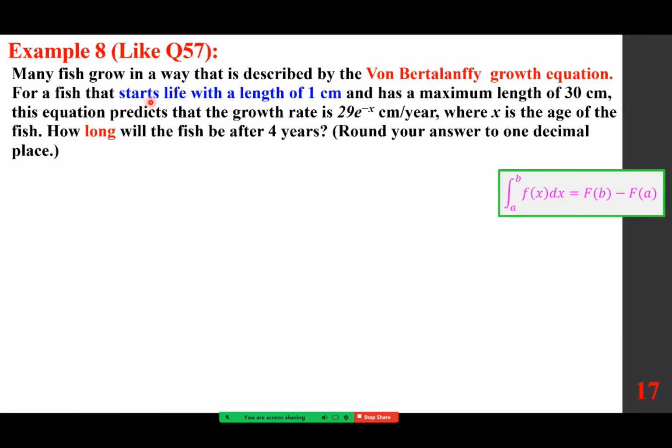For a fish that starts life with a length of 1 centimeter and has a maximum length of 30 centimeters, this equation predicts that the growth rate is 29 e to the power minus x centimeters per year, where x is the age of the fish. How long will the fish be after 4 years? And they're asking for 1 decimal, everybody. They're asking for only 1 decimal place.